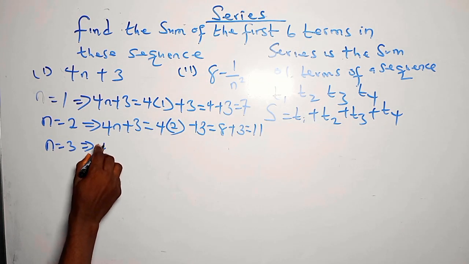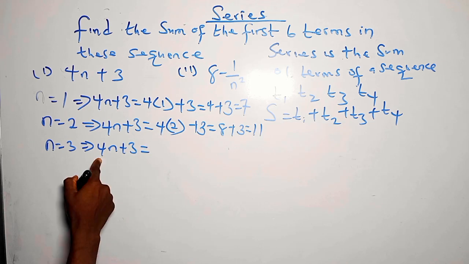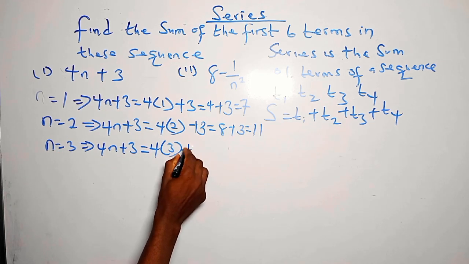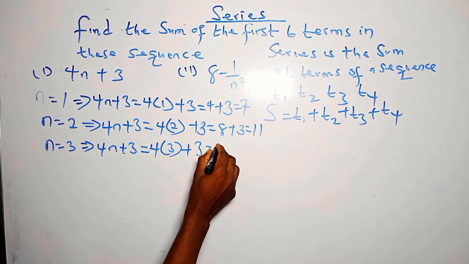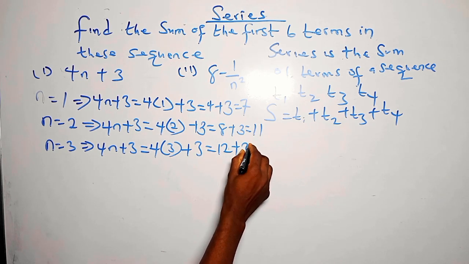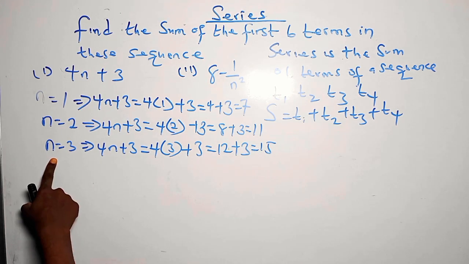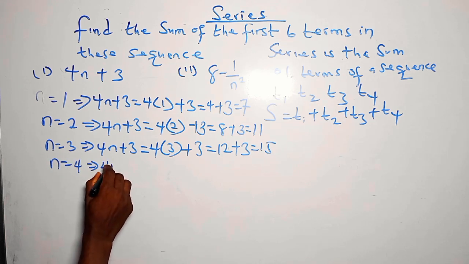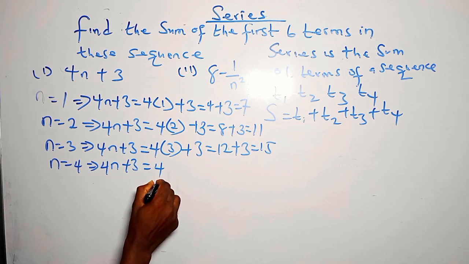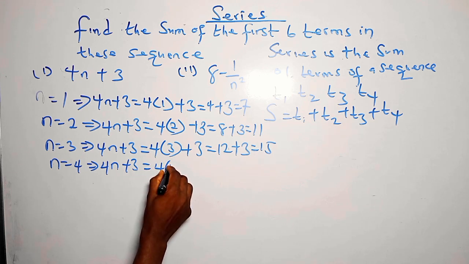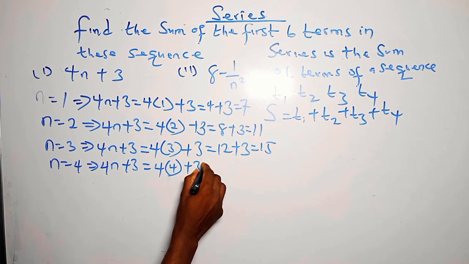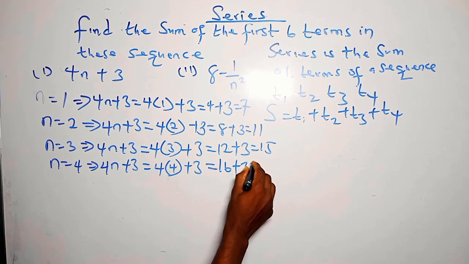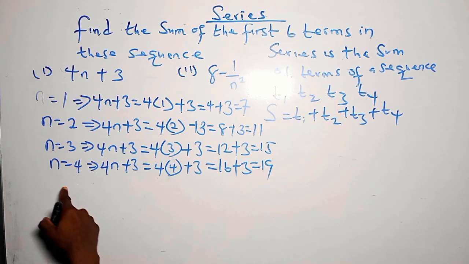So 4n plus 3 equals 4 times 3 plus 3. 4 times 3 is 12, 12 plus 3 is 15. When n is 4, we have 4 times 4 plus 3. 4 times 4 is 16, 16 plus 3 is 19.